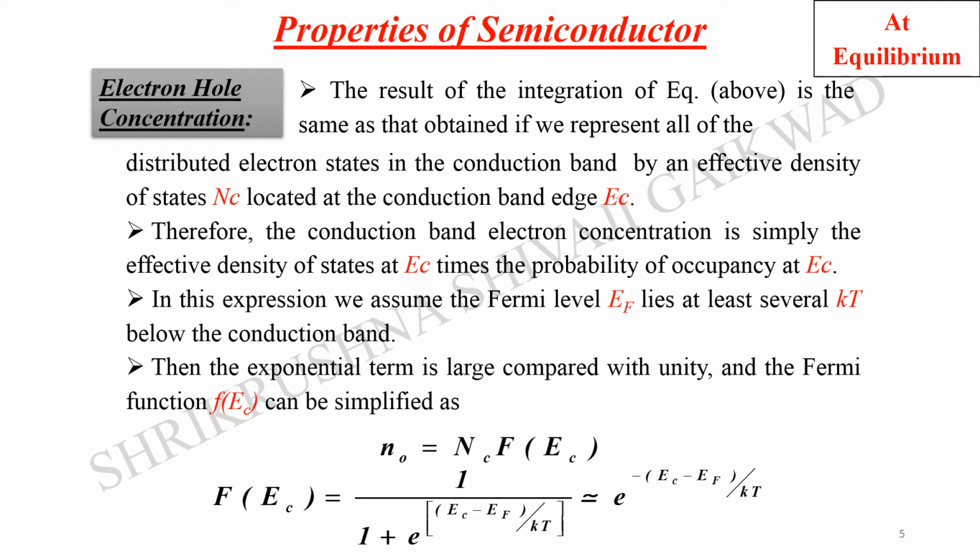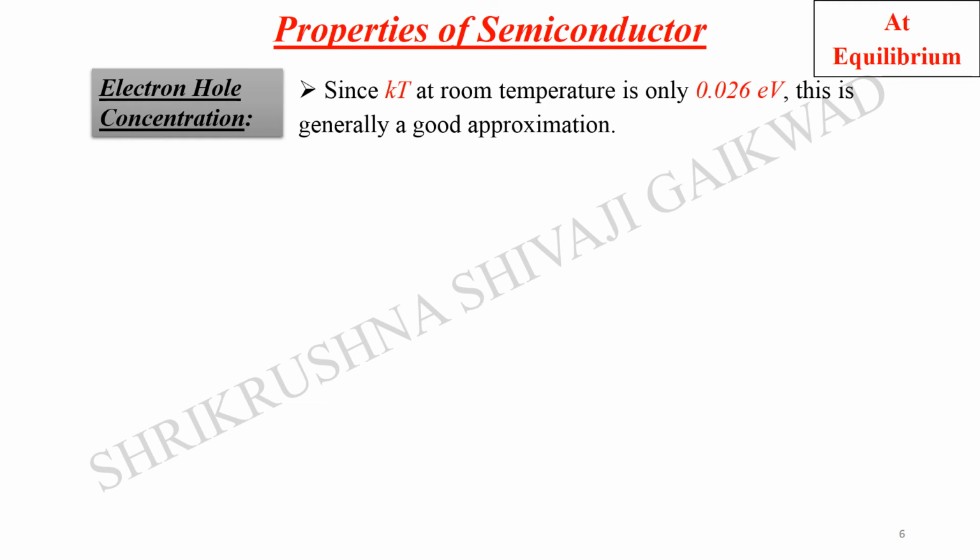It is approximately equal to, because this is a very high term. Because EF lies at least several times kT below the conduction band, this difference is large, so the exponential is very much greater than unity. So we can just neglect the one, and it is approximately equal to the exponential of minus (Ec minus EF) by kT.